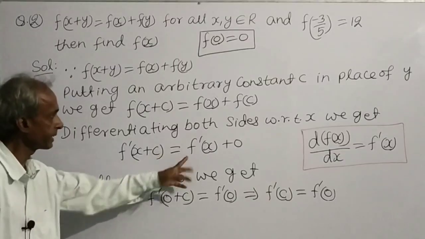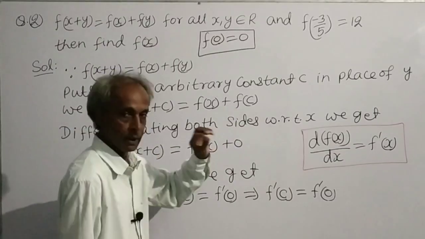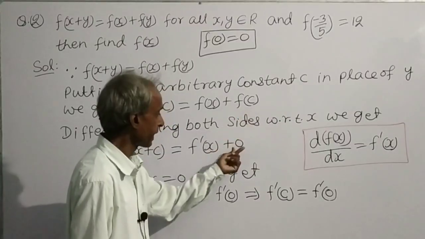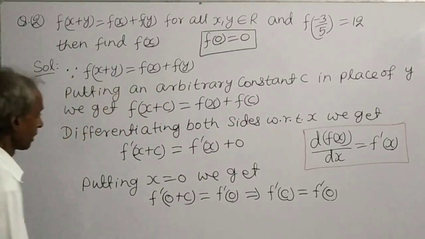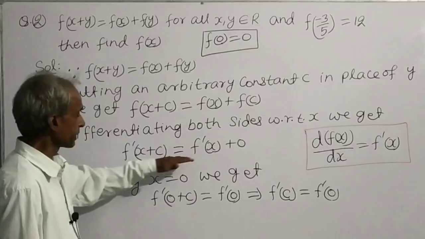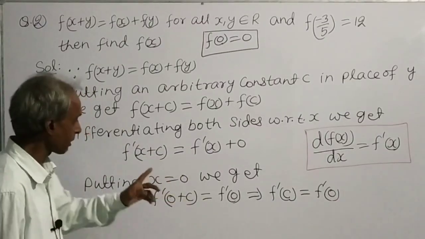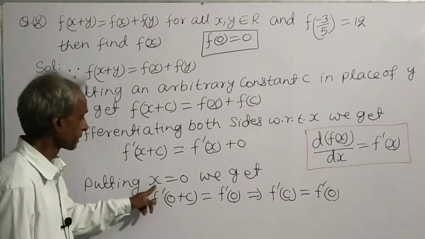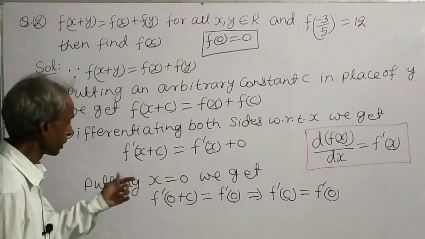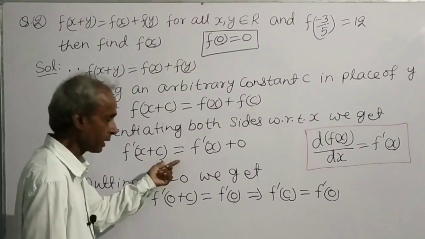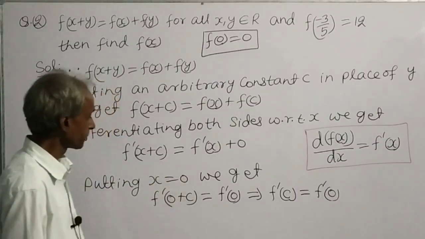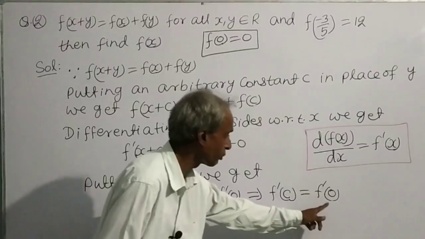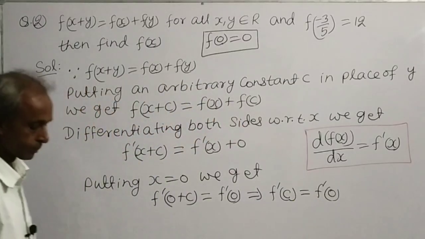Therefore we write this, and after differentiating a constant we get 0. Now this is true for all real values of x, therefore we put x equal to 0, because this is also true for x equal to 0. Then we get this, that means f'(c) is equal to f'(0).